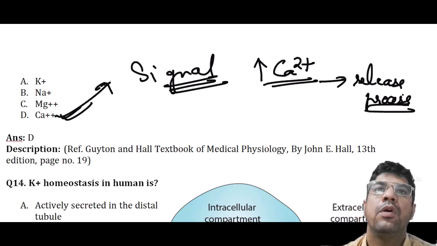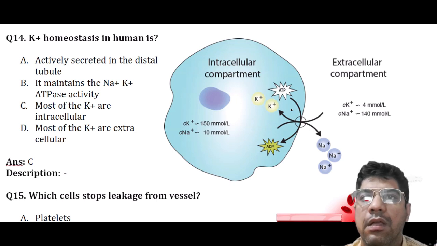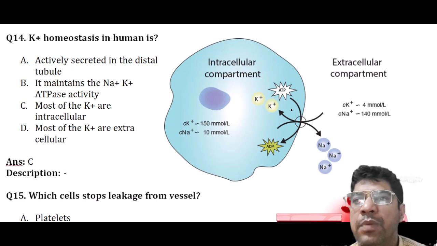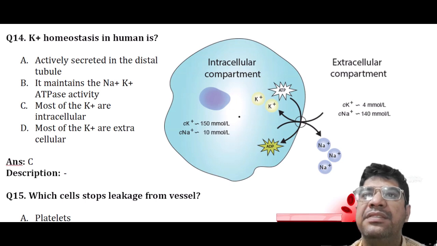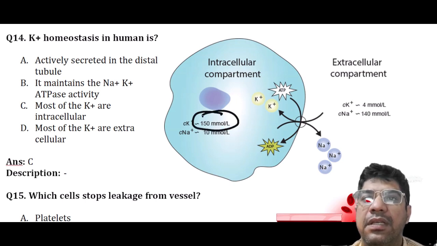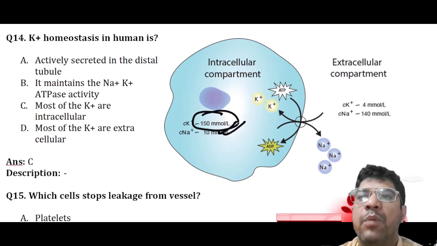The potassium homeostasis in humans is mainly maintained by the fact that most of the potassium ions are found intracellularly, inside the cells. That is a key factor in regulating the potassium level in the body.